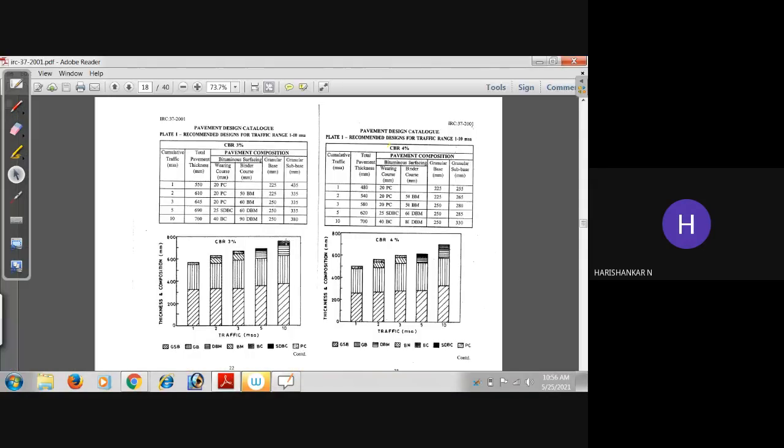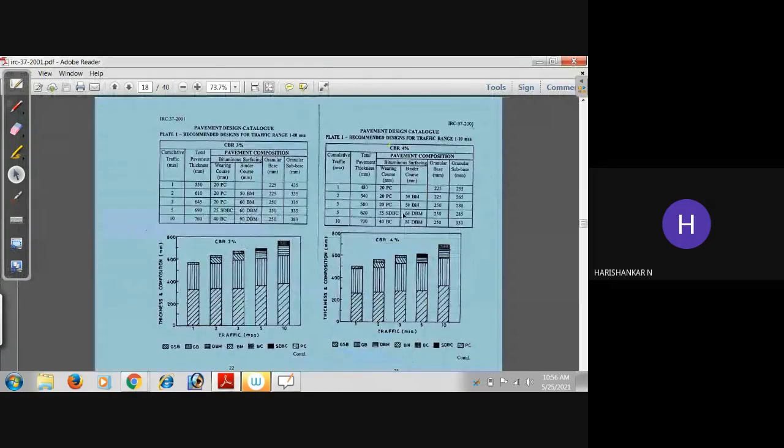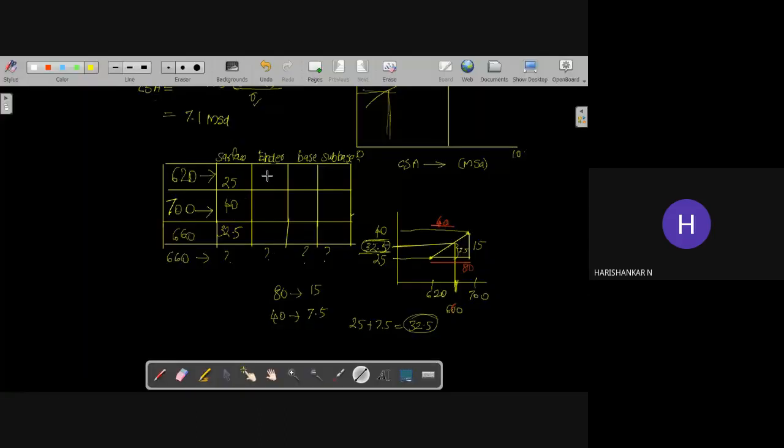These values I'm having 25 to 40, and here it is 60 to 80. Okay, 60 to 80 I can write.